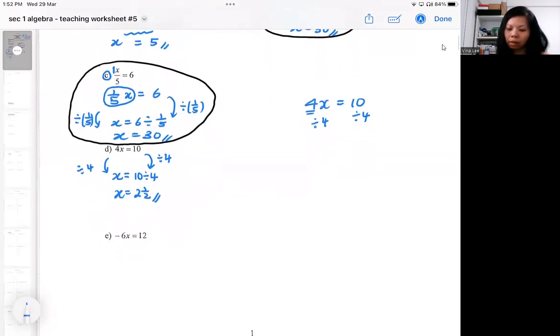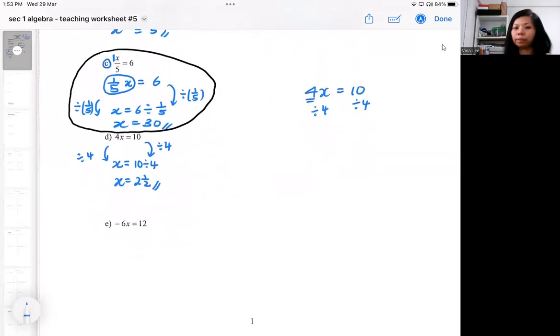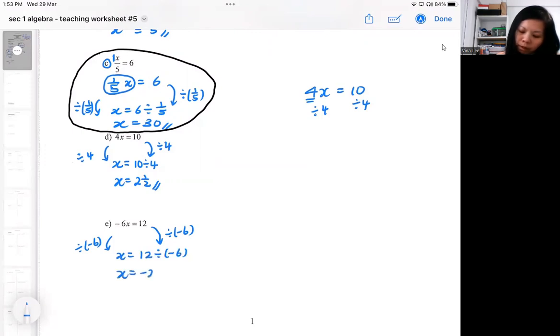Then the next one is minus 6x equal to 12. Remember your objective is to get 1x, but this one is minus 6x. So you divide by minus 6. So you get x, and 12 divided by minus 6 will give you minus 2.